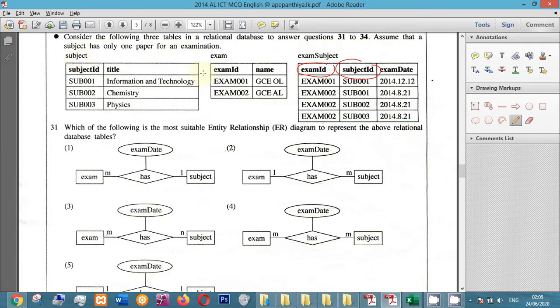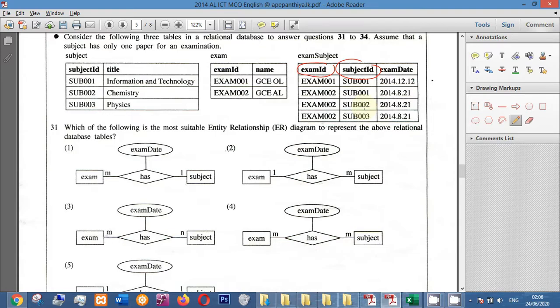In other words, one subject can be there in many exams. We see that here information and communication technology is there in 2 exams, and one exam can have many subjects. That also we see here. A-level has 3 subjects here.